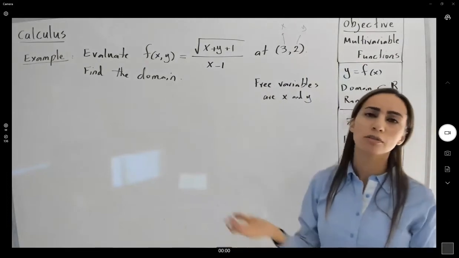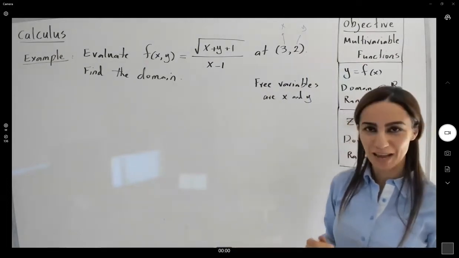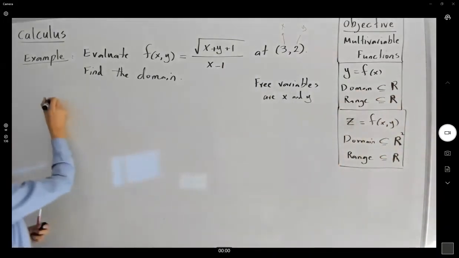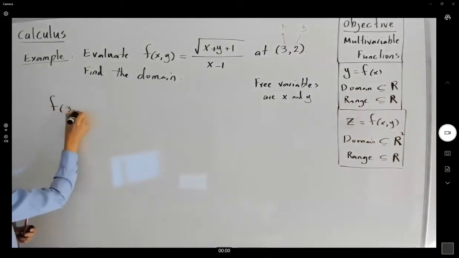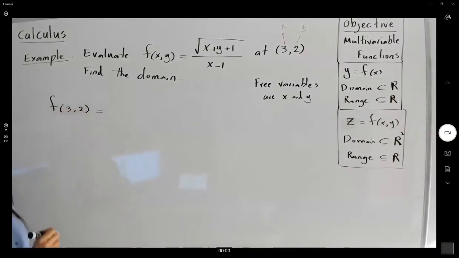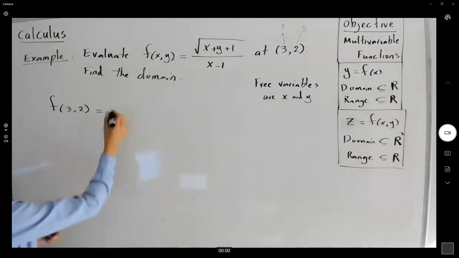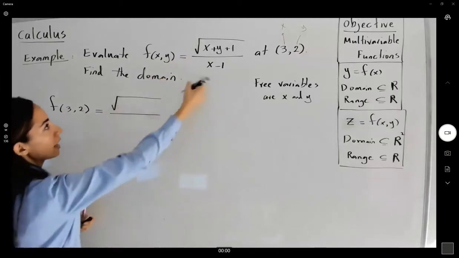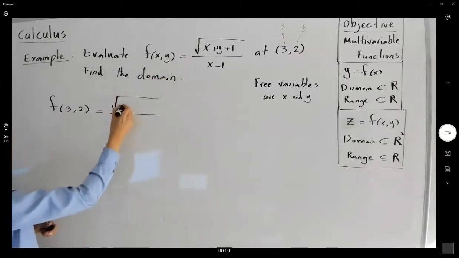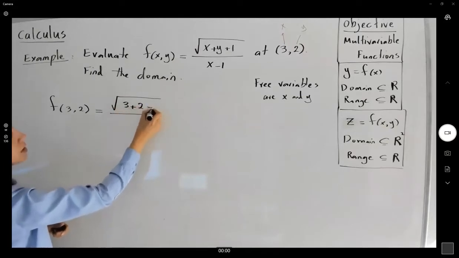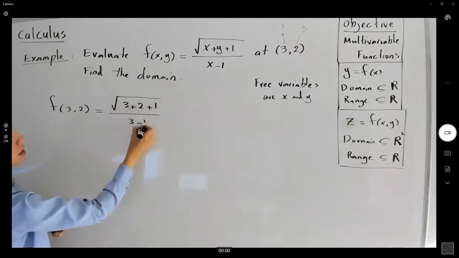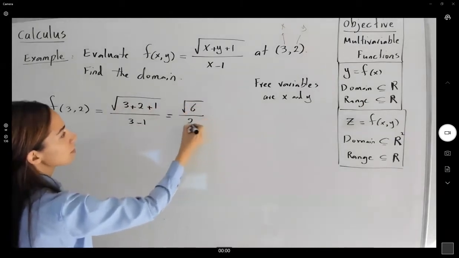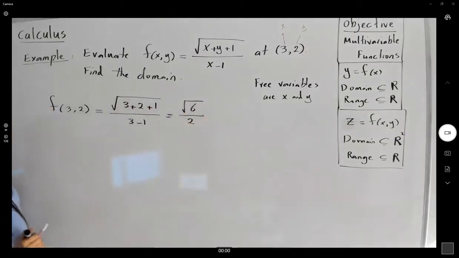What are we going to do? Easily substitute 3 and 2 for x and y into the function. So f of 3 and 2 is equal to, on the numerator, I have the square root. Down there, I have x minus 1. So x is 3, y is 2, plus 1, x is 3, minus 1. So I get square root of 6 divided by 2.